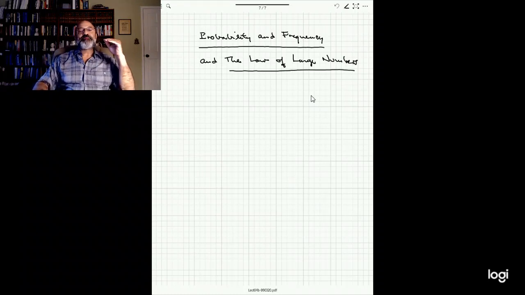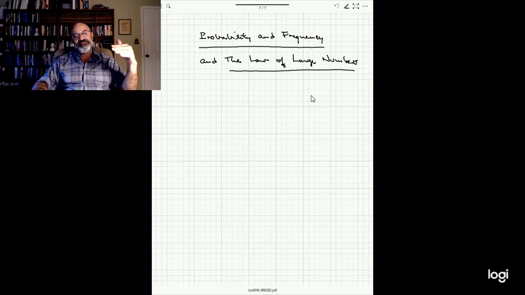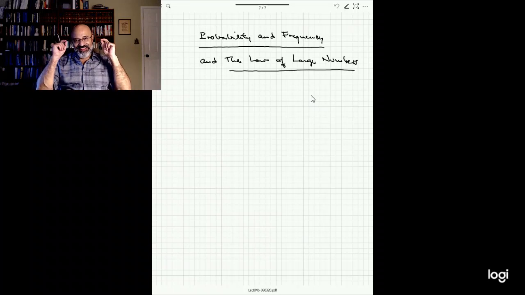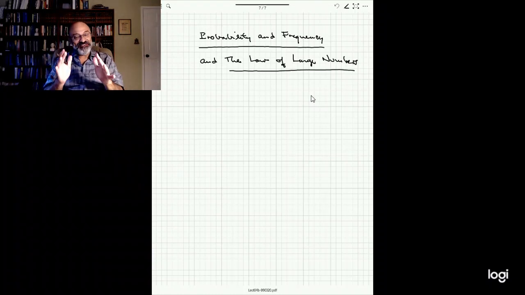There is a certain tendency to think that if you toss a coin a billion times and you get half a billion heads, then the probability of heads is 1/2. Okay, that's a good idea. And that is an insidious notion.